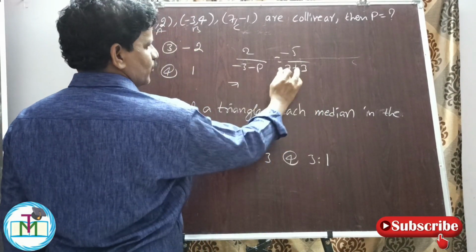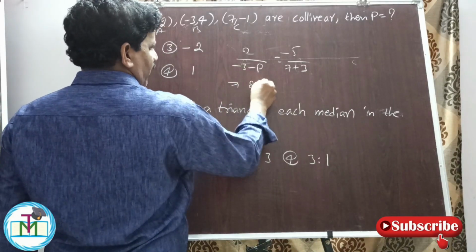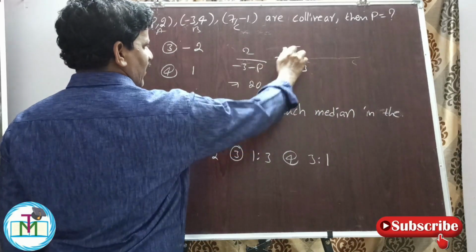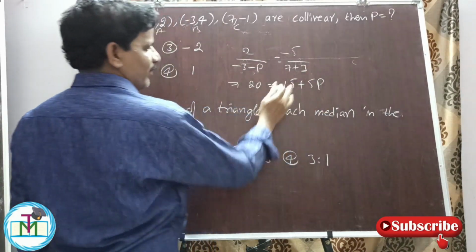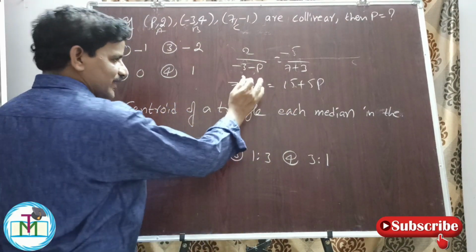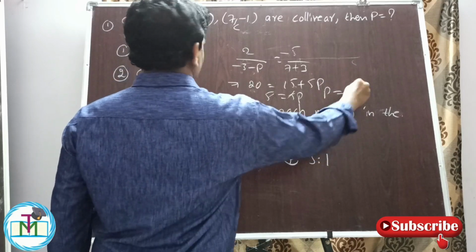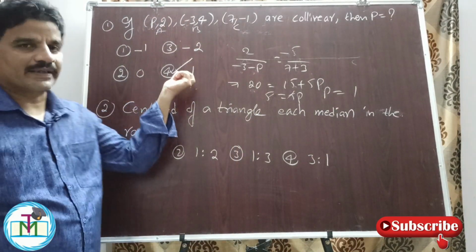Therefore, 7 plus 3 is 10, 10 into 2 is 20, equal to minus 5 into minus 3 minus p, by cross multiplication 5 into 3, 15, plus 5 into p, 5p. When 15 comes this side, it becomes 20 minus 15, 5. 5 is equal to 5p, so p is equal to 1. Therefore, option 4, 1 is the right answer.